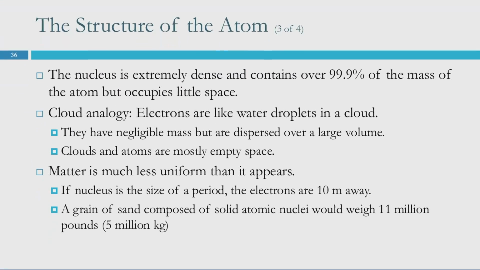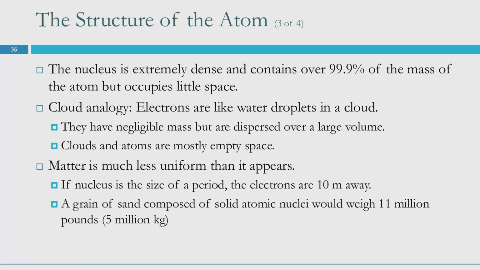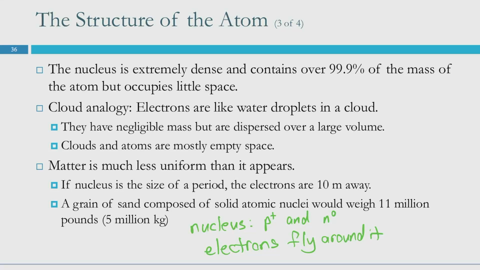So the structure of the atom as we know it now is that we've got a very dense nucleus. The nucleus is a little tiny cluster of protons and neutrons, and electrons fly around it.